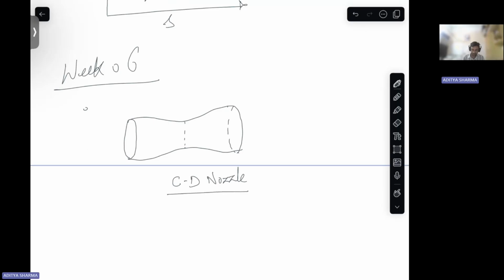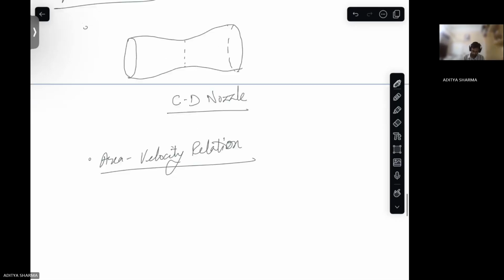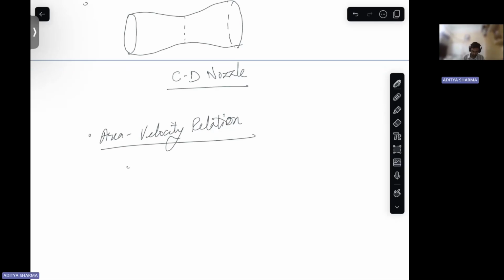Convergent, divergent nozzle I have drawn. So, first topic I have written is area velocity relation. How the flow will behave in a nozzle or in some duct, this relation tells that.